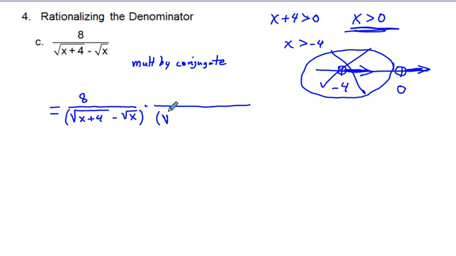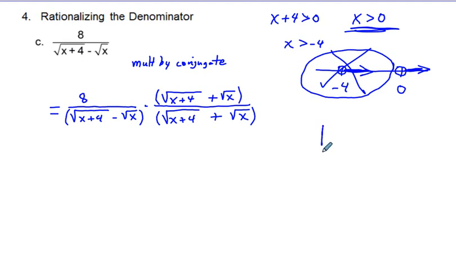So we're going to multiply by square root of x plus 4, and we have square root of x, so that's all the same, but we're going to put a plus sign right here. And we're going to do the same in the numerator, square root of x plus 4 and plus square root of x. Let me show you what happens here.